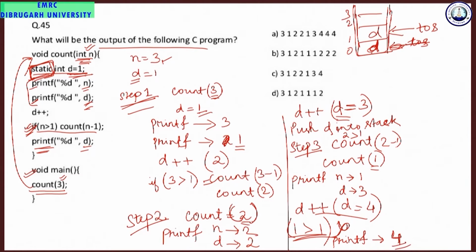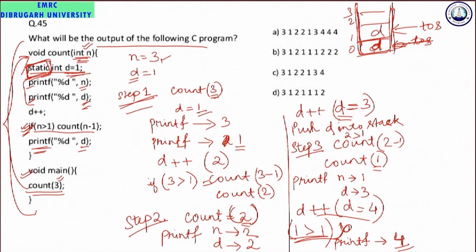Okay. Then after this we have to remove these 2 d's also from this stack, so that the complete execution is done. As you can see here, d is declared as static. So, whatever d value is present latest, what is the latest d value? 4.